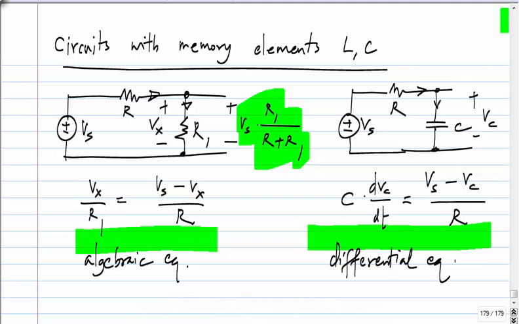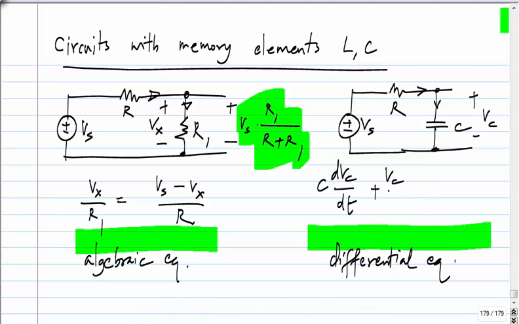So, let me rearrange this so that as usual all the variables are on the left hand side and the inputs are on the right hand side. So, if I do that, I would get this. Okay. Alternatively, it could also be written as this.